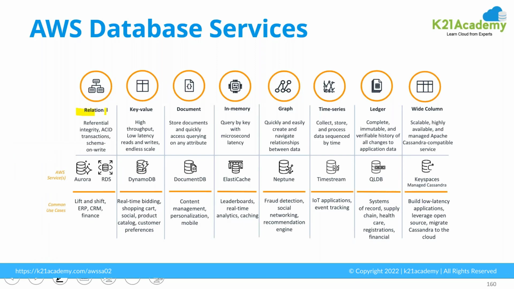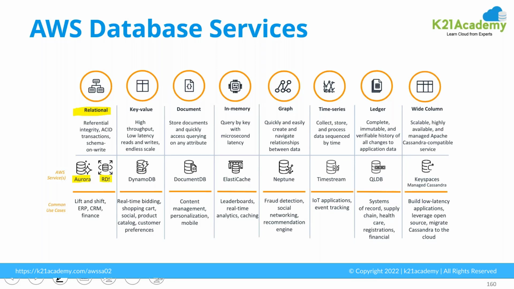If you have a relational database that has to be maintained, that means a transactional database where a lot of queries will be generated, write queries, read queries, update queries, a lot of queries will be run on the databases, you have an option in Amazon to create such a database. The services which Amazon provides are Aurora and RDS.